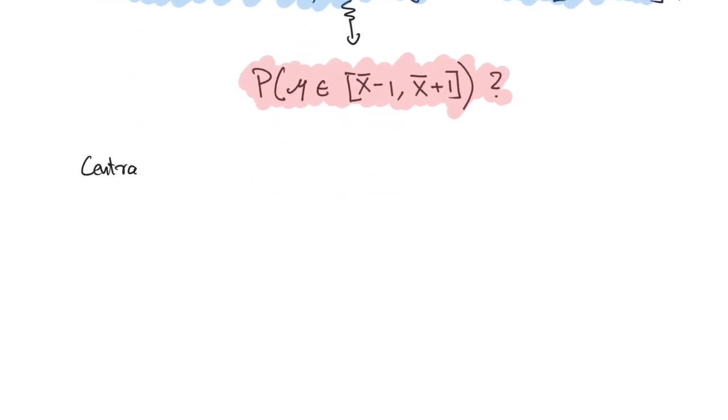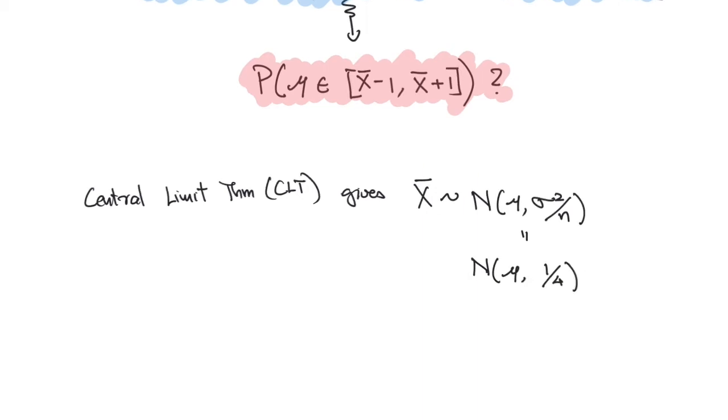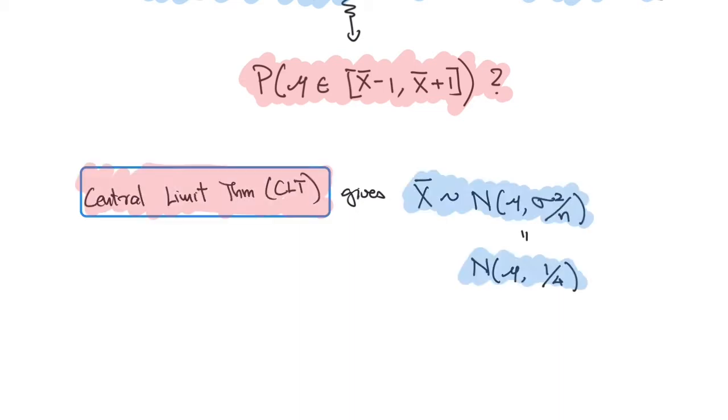The central limit theorem tells us that the sample mean is normally distributed with mean mu and variance sigma squared over n. And in this case, x bar is going to be normally distributed with mean mu and variance 1 over 4.